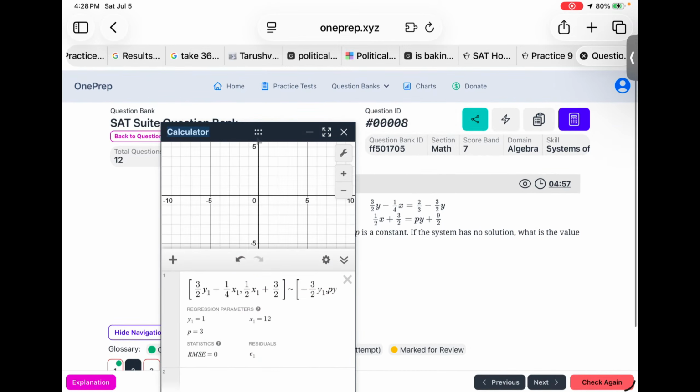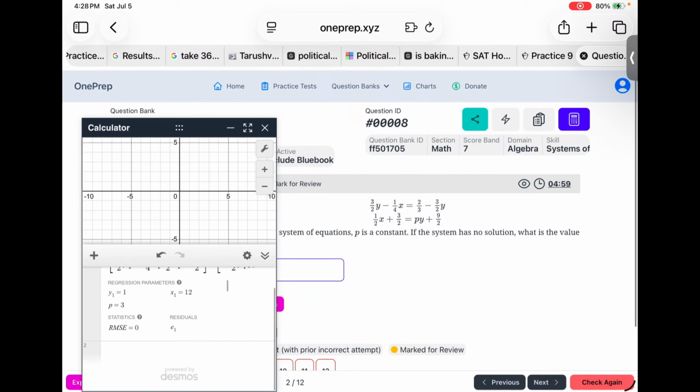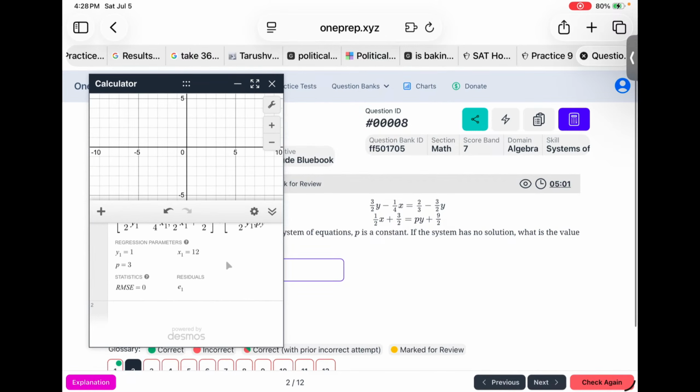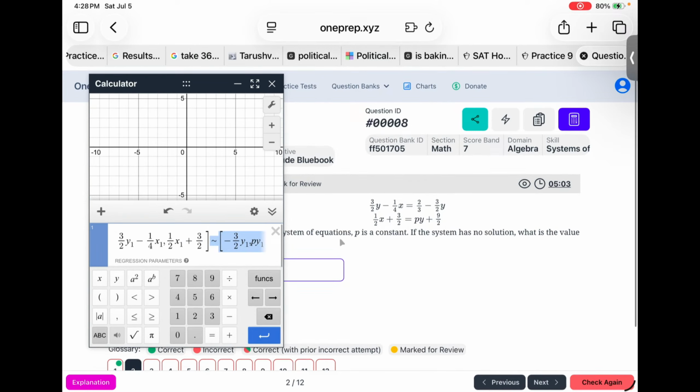Okay. So instead, what we got to do is put this thing.